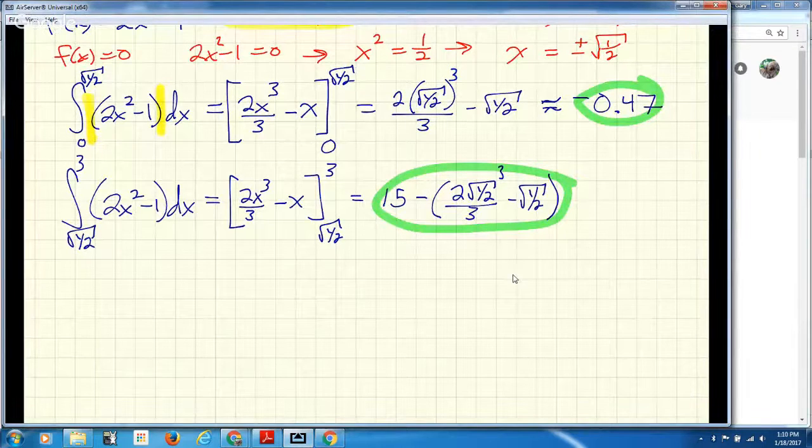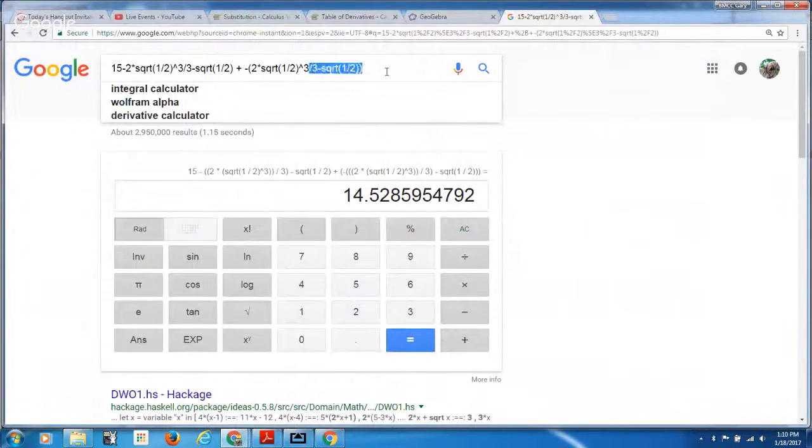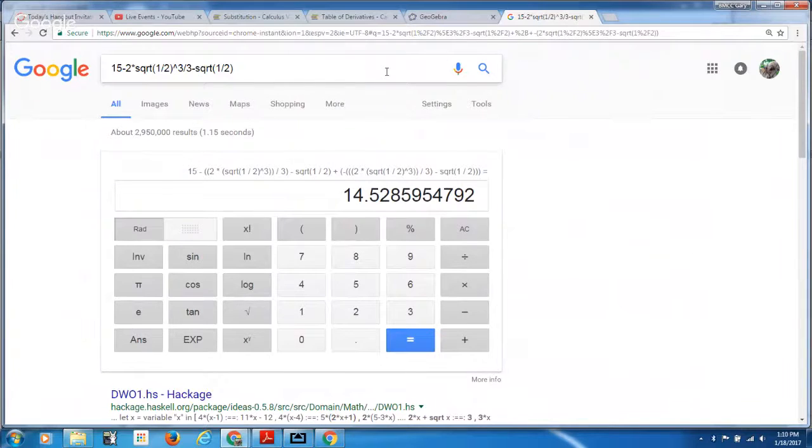Let's see, twice the square root of 1/2. I guess the same thing we have up here. Wait a minute. Okay, well, let's just back off on the calculator. Take this chunk out. 15 minus that number. Oh, that's interesting. It's a different number than what GeoGebra has.